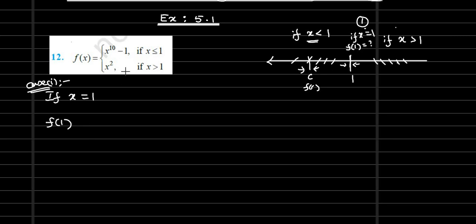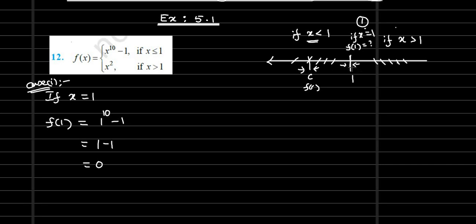From the given function, if x is exactly 1, we have to choose the first function, that is 1 power 10 minus 1. 1 raised to any value is 1, so 1 minus 1, which is 0. Now the close values of 1 on the left hand side should give the same result, and the right hand side also we are going to check.